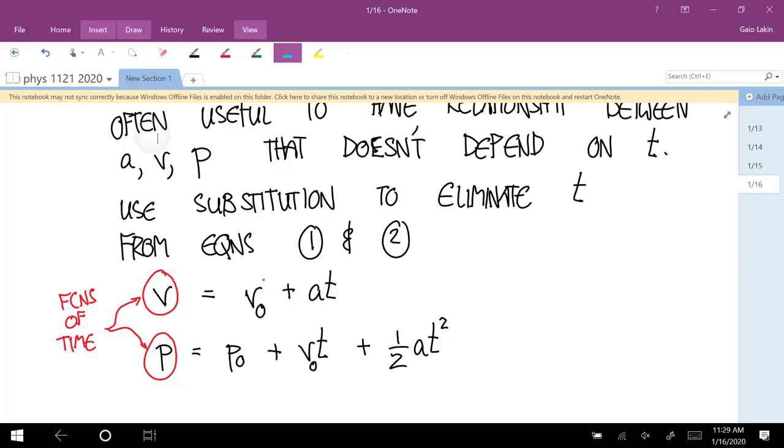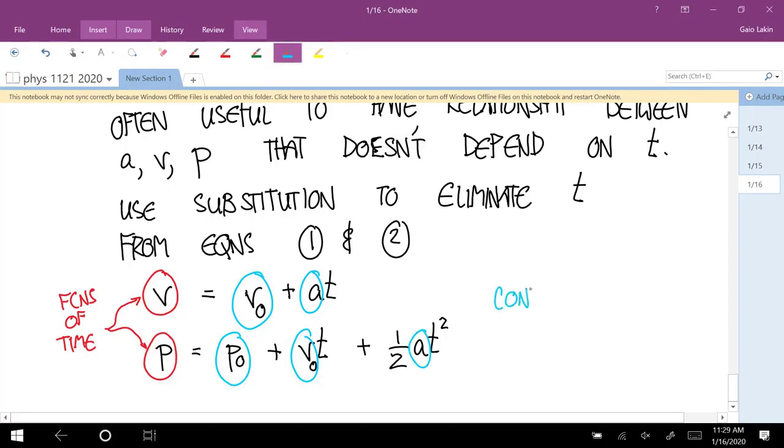And then all the rest of these are constants. These are all constants.